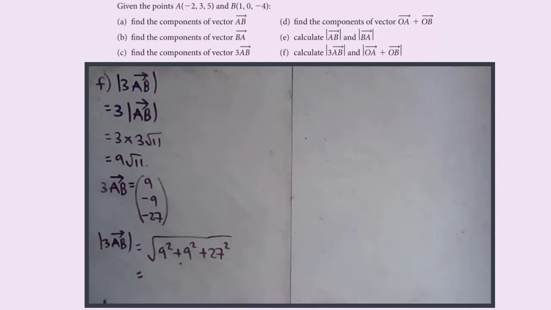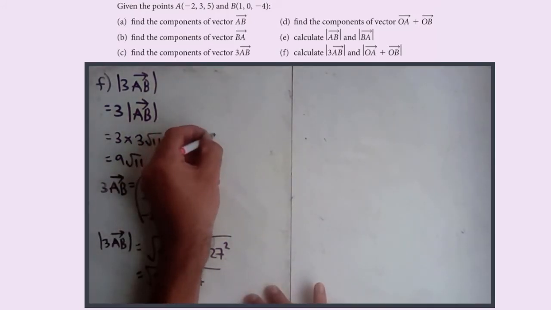Okay, so what can we do with that? So that is the square root of, well, 81 plus 81 plus 27 squared. 27 squared is quite complicated. Probably should have used a calculator.